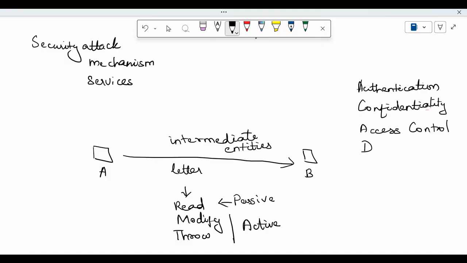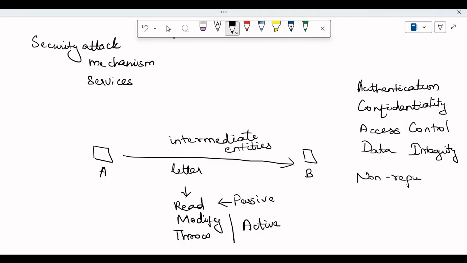And next comes the data integrity. During the course of transmission, as discussed earlier, when A is sending a letter to B, the intermediate entity should not be able to modify the content. If any modification is done, then the receiver should be able to identify that the data is modified during the course of transmission. That is taken care of by the data integrity service. And next is non-repudiation.